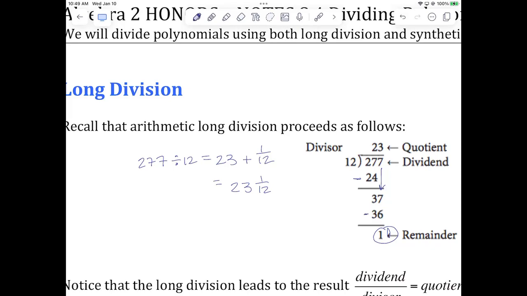Now, that's what we're going to do today. 277 divided by 12 could actually be written like that now, can't it? Y'all know that if we write a fraction, 277 over 12, that horizontal bar right there means to divide. So they mean the exact same thing. So today what we're going to do with polynomials is we're going to learn how to take something that looks like that, 277 over 12, and we're going to write it as 23 plus 1/12.